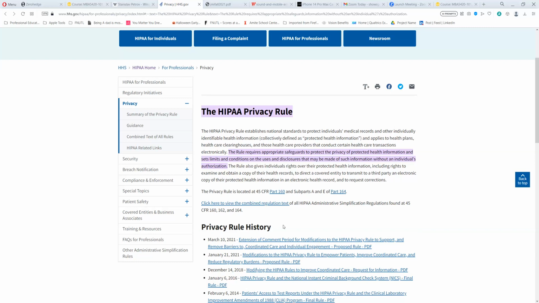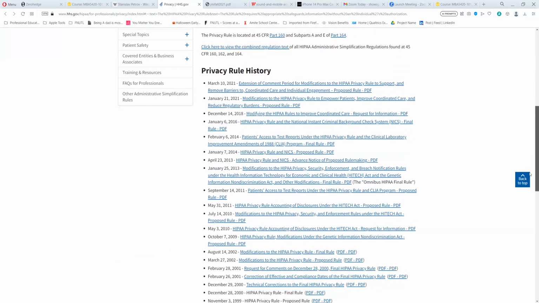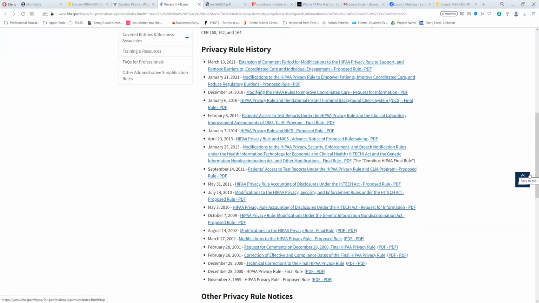Think over the last 2 or 3 years, where we have had these rules in place that demand that the rights of individuals be protected for privacy, and yet we have all of these other things that we've had to contend with. If you look at what's happened over the last 20 years, there are the modifications to it, the accounting of disclosures with the HITECH Act, the privacy rules that have to do with clinical laboratory information, all of these things.